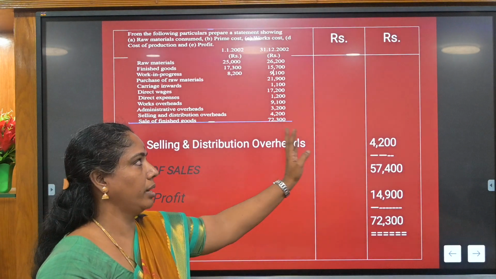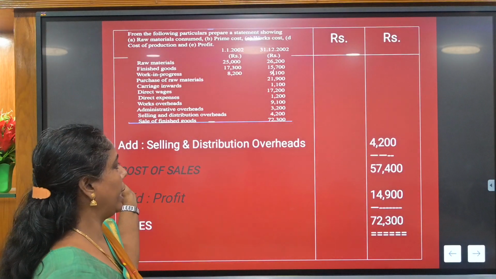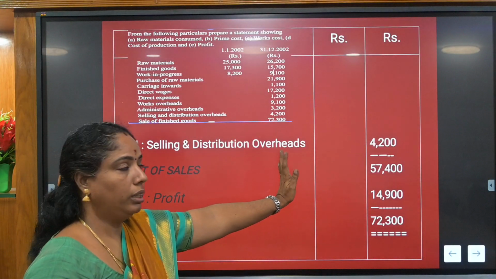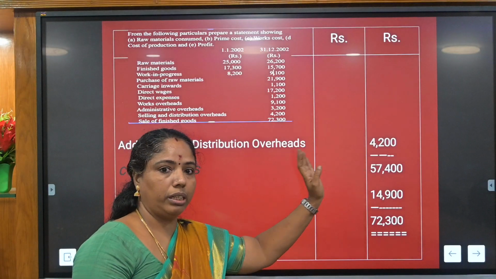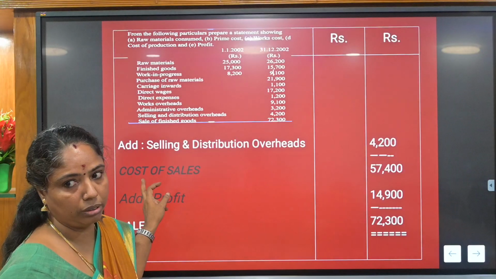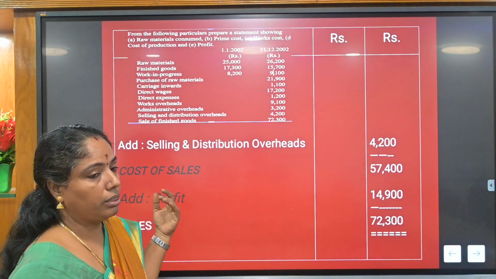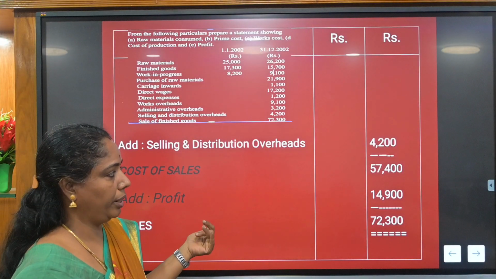The total should be transferred to the outer column. No information is there, so we are directly substituting the amount to selling and distribution overheads, that is 4,200. The final answer we have found is cost of sales, that is 57,400.